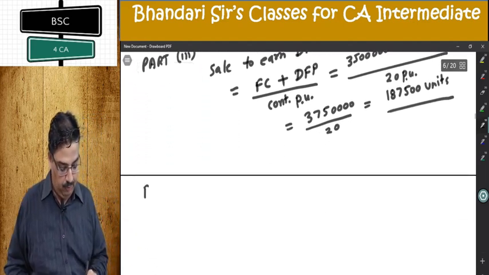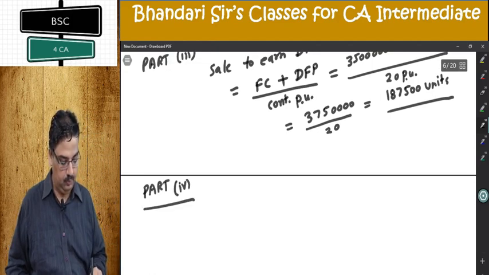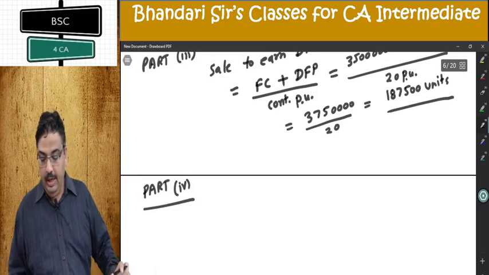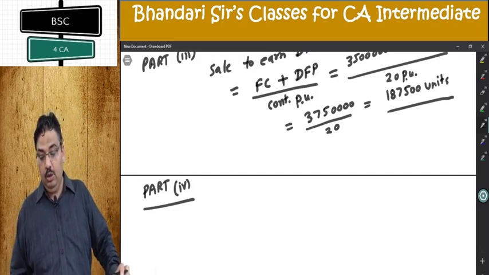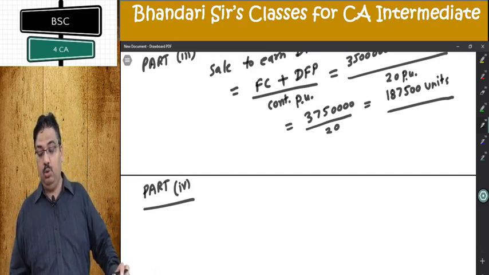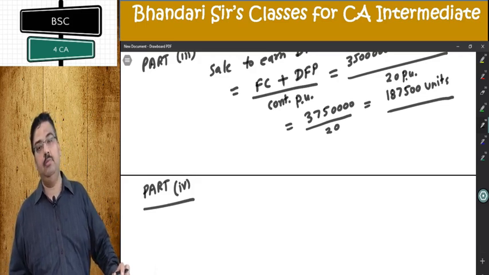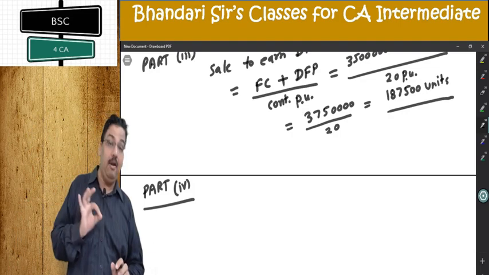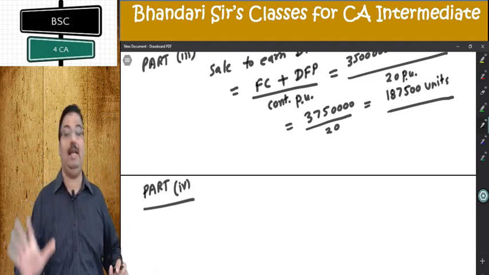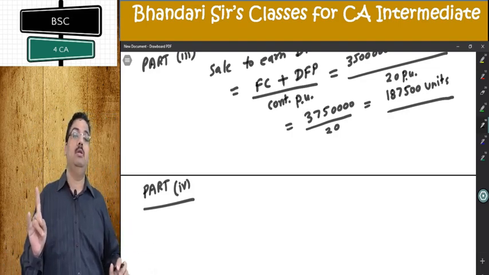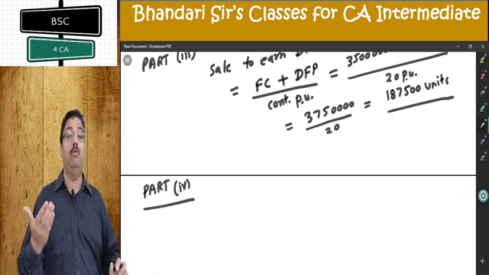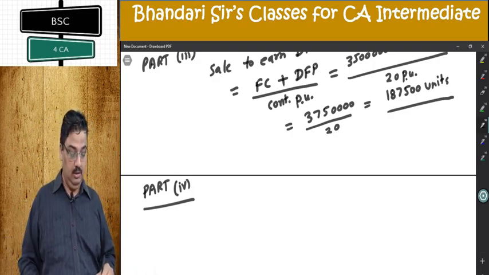I reach part 4. Estimate sale level to achieve after tax income 2,50,000. Assume 40% income tax rate. Now remember, my desired fixed profit is before tax, not after tax. So after tax has to be converted into before tax.